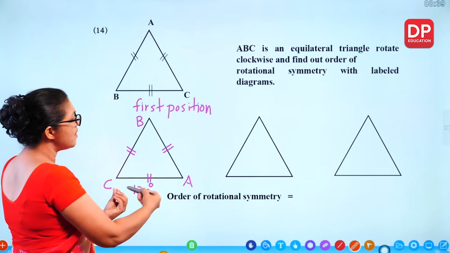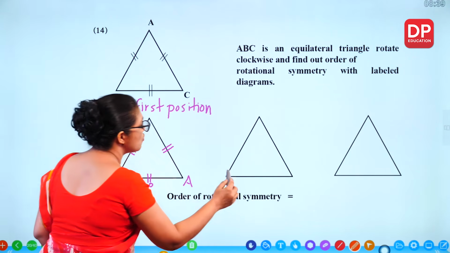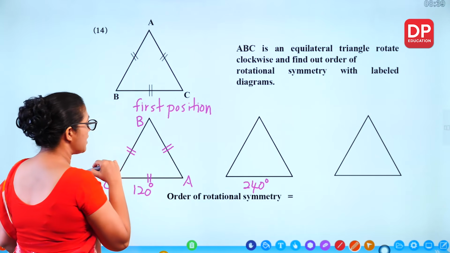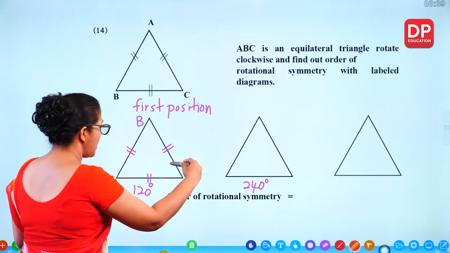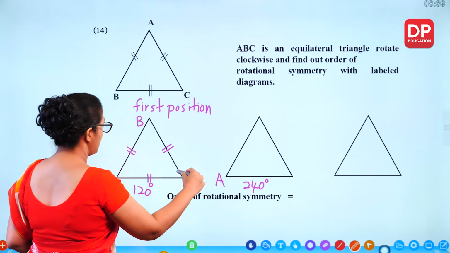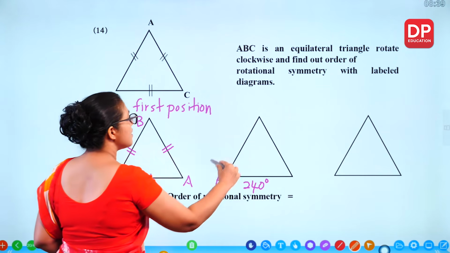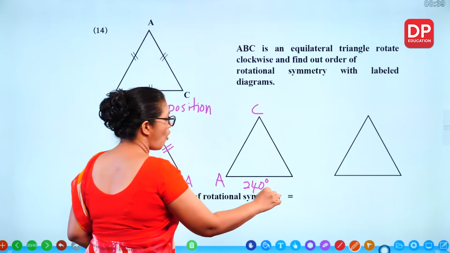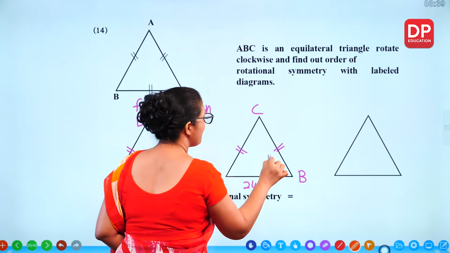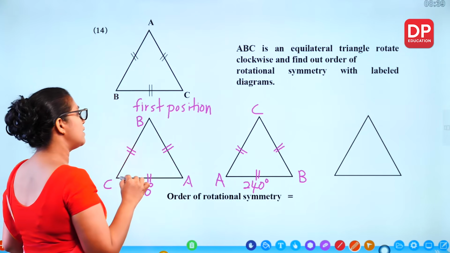Then another 120, that's 240 degrees. What happens to A? With another 120, A comes here. So A, C, B follows the same order, as all sides are equal.